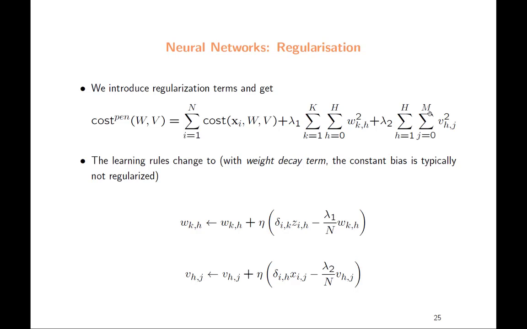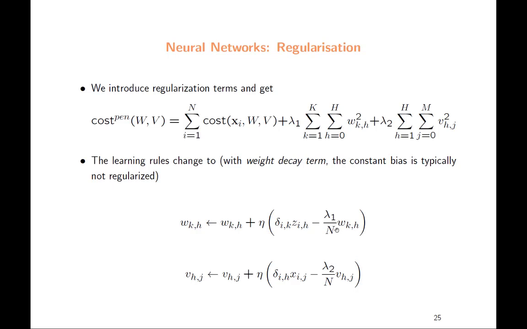And this can also be absorbed in the learning process, in the stochastic gradient descent, by adding this term for w, lambda 1 divided by n times w_kh, or in the second case, lambda 2 divided by n times v_hj. And if there is no impulse from the error, this term will take care that weights become closer and closer to 0.